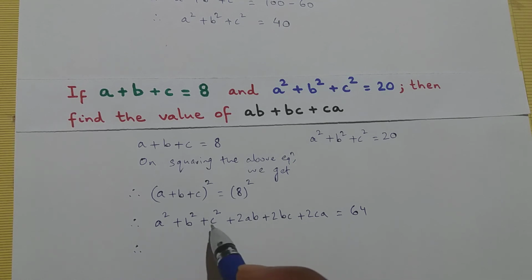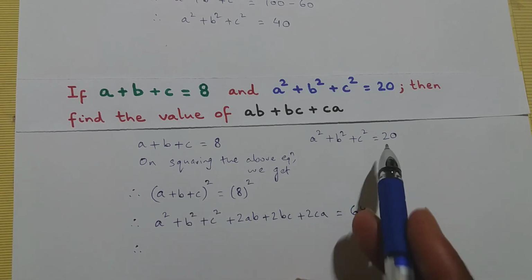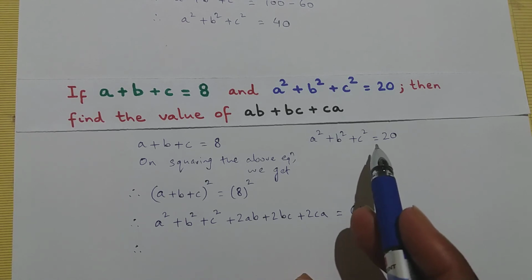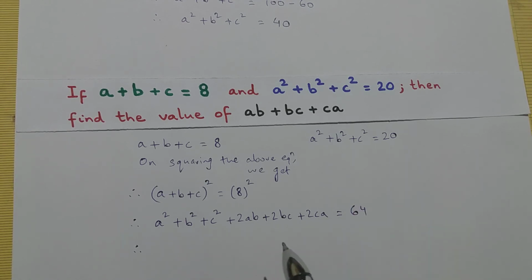Now the value of a square plus b square plus c square has been given to us. A square plus b square plus c square is equal to 20.